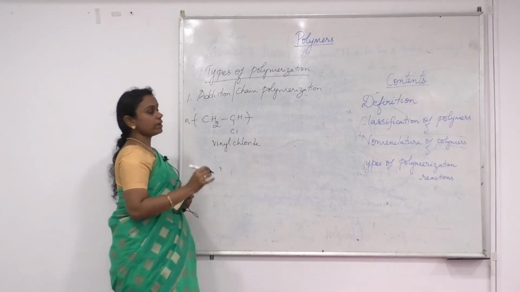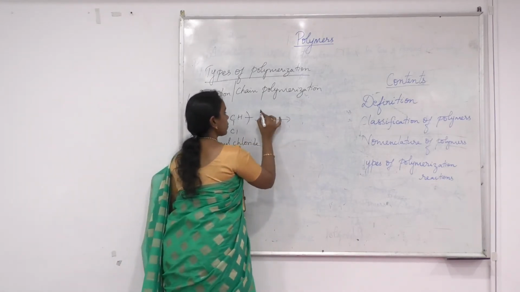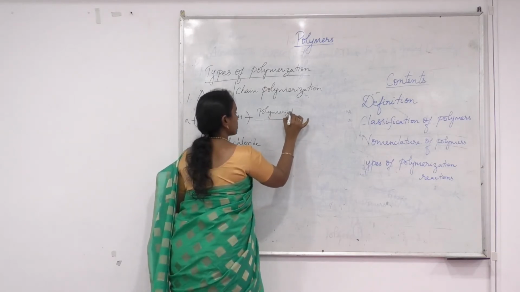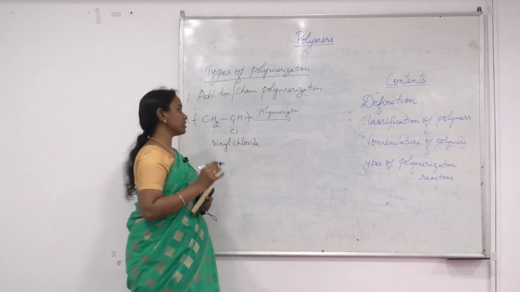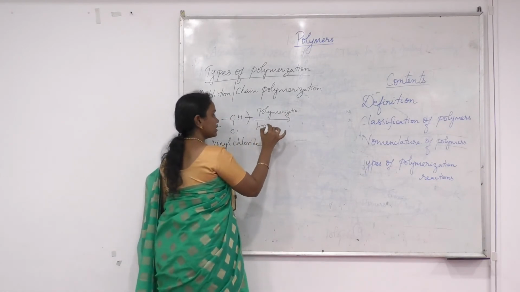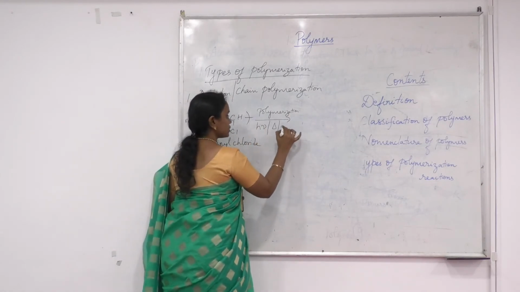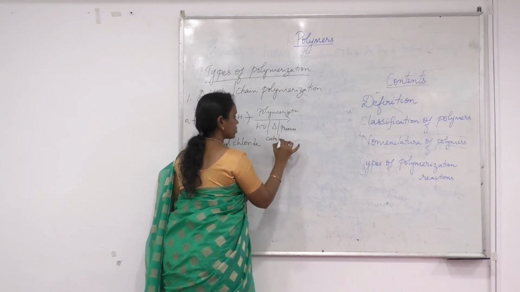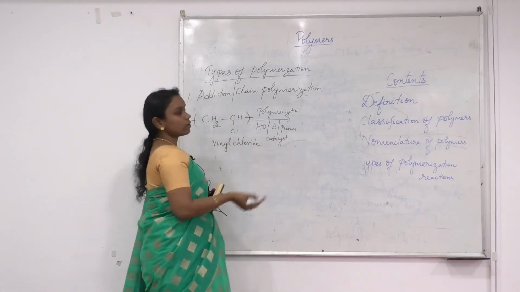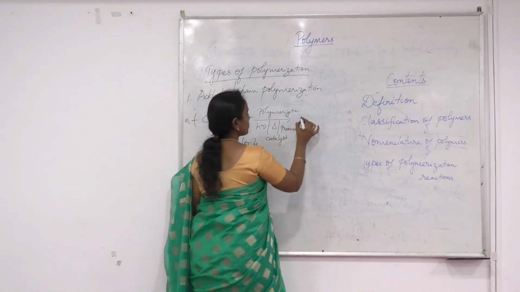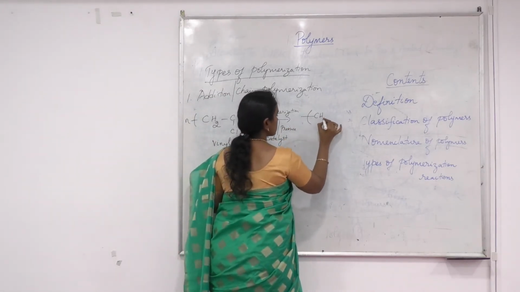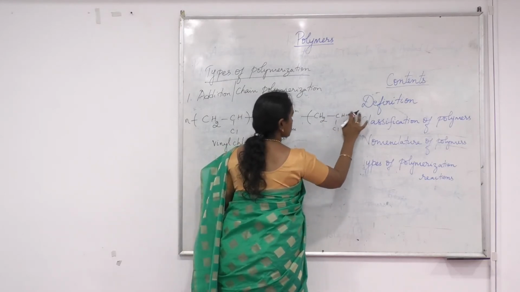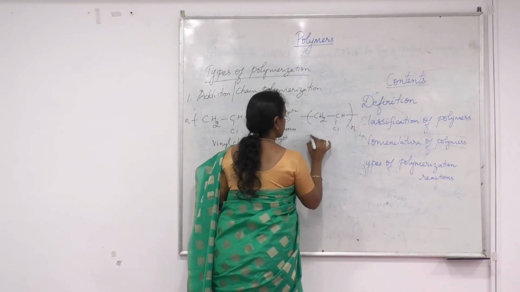This vinyl chloride on addition polymerization, which is initiated either in the presence of light, heat, pressure or any catalyst, will form PVC.